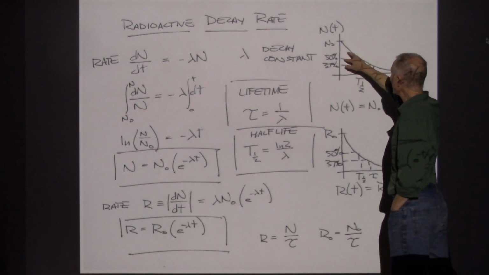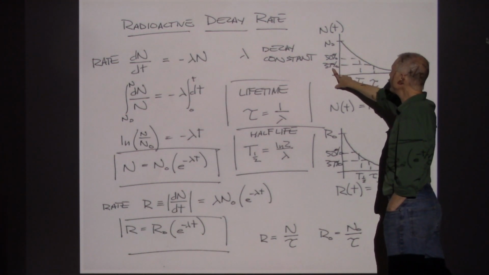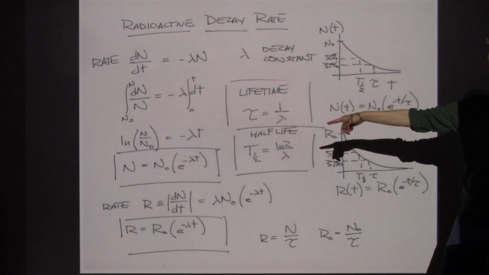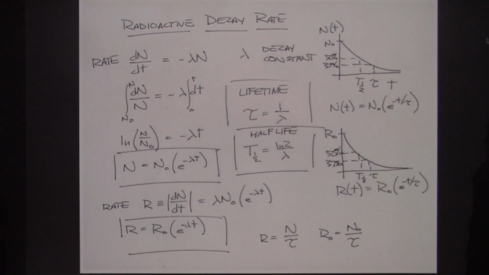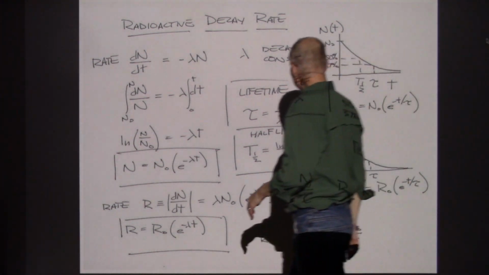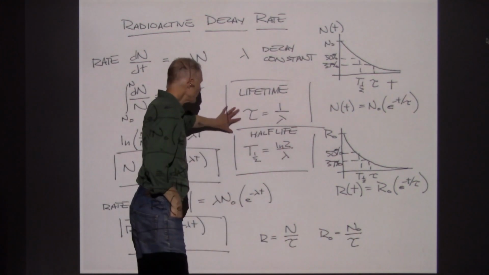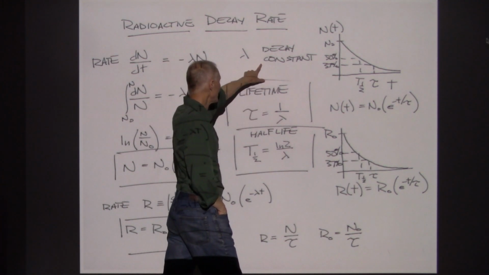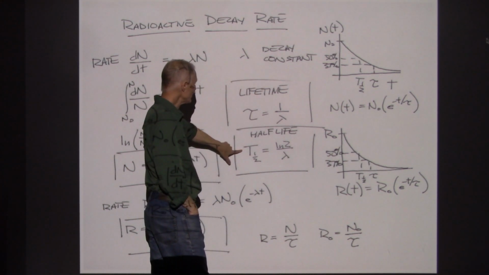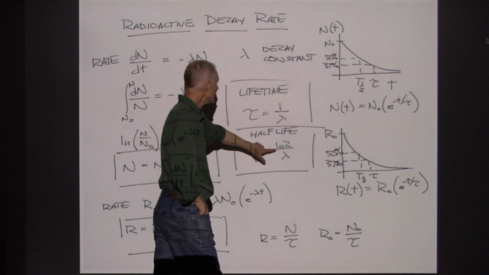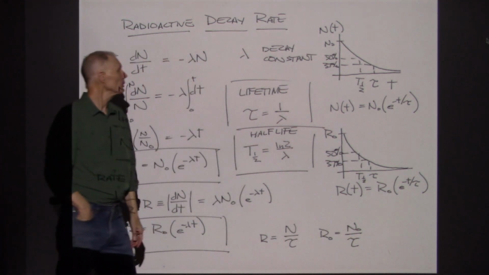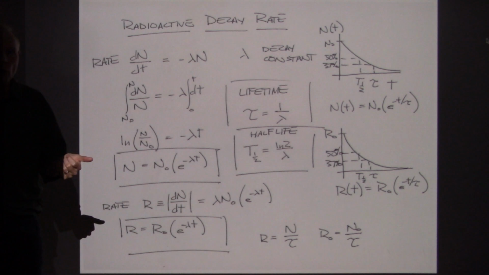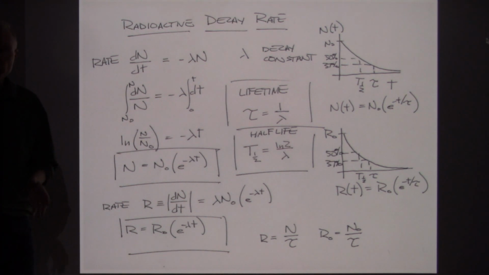So rather than 1/2, it's 1 divided by e, where e is the natural base. These formulas tell us how the lifetime is related to the decay constant, and this formula tells us how the half-life is related to the decay constant. So once I know one of those, I can calculate the others.